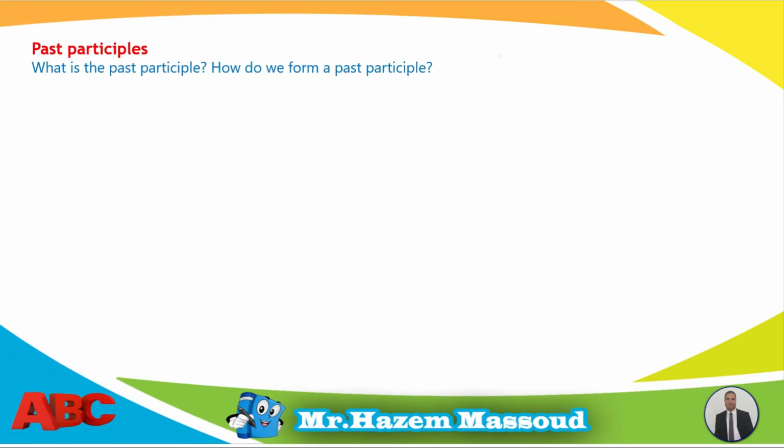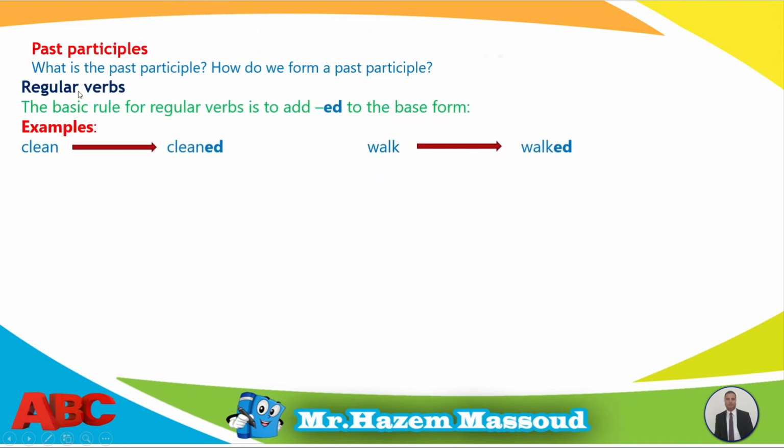The past participles. What is the past participle and how do we form the past participle? The basic rule for regular verbs is to add the letters ed to the basic form. For example, clean, cleaned, walk, walked.